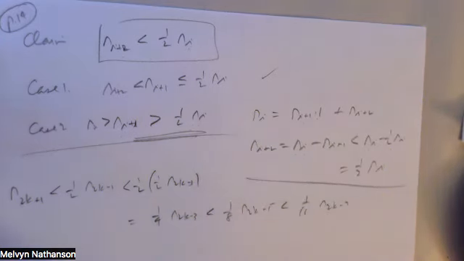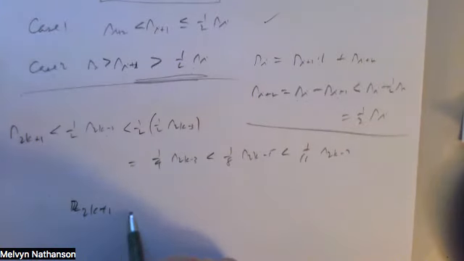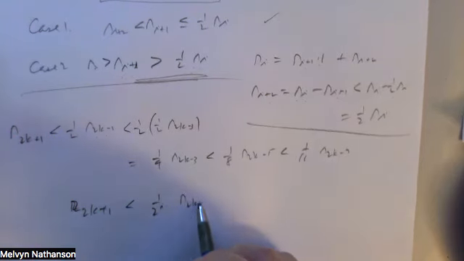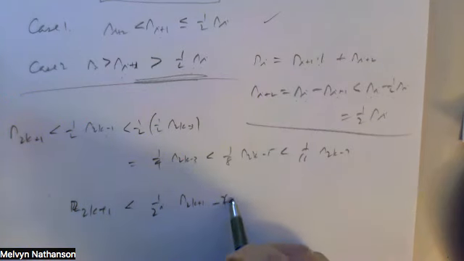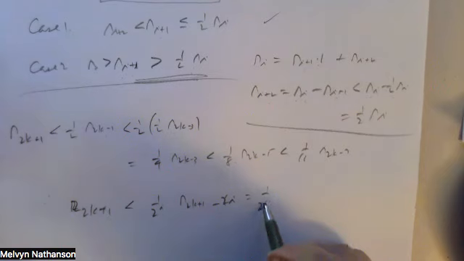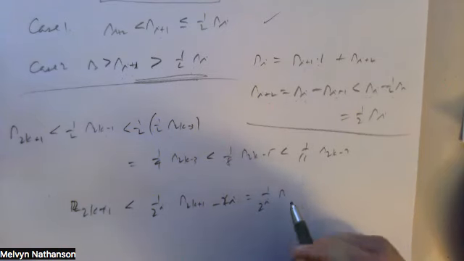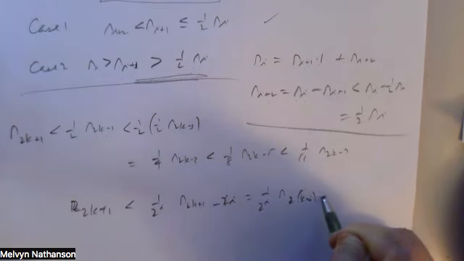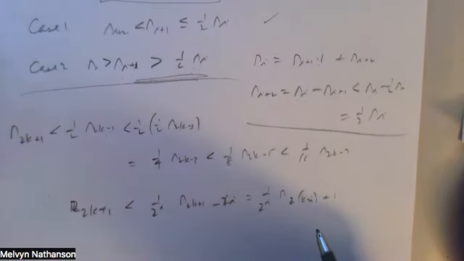In general, R_{2k+1} is less than 1 over 2 to the i, R_{2k+1-2i}.